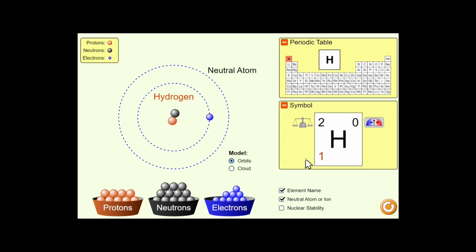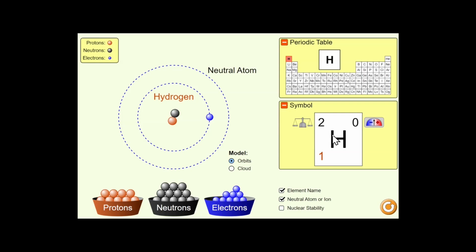But notice something here. This number down here, the atomic number, really is kind of a redundant number because all hydrogens have one proton. It's there because it makes things easier when we add atoms together to make molecules, but it is kind of redundant. This would be hydrogen 2.